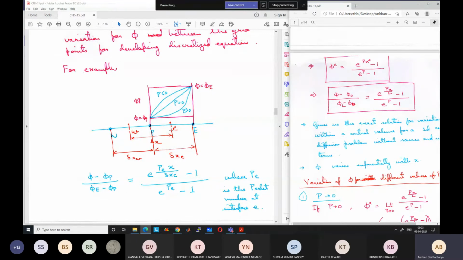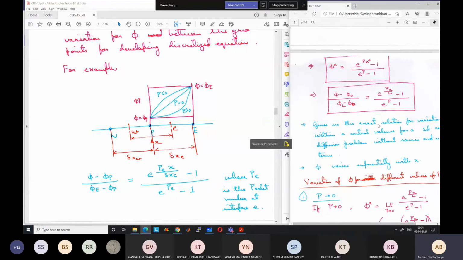Pe is the Peclet number at the east interface. Depending on the velocity here, we will determine whether the flow is positive or negative. Here x starts from P and ends at E, hence the distance is x by delta xe.